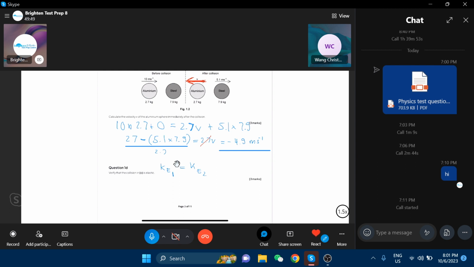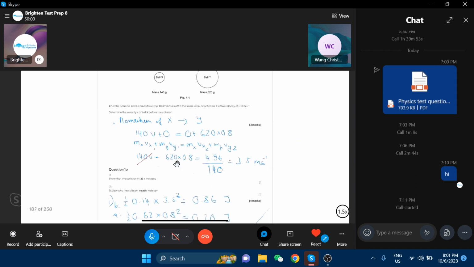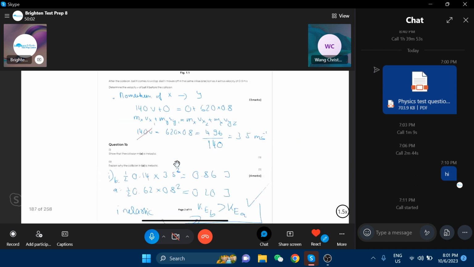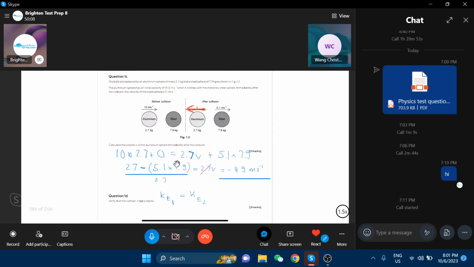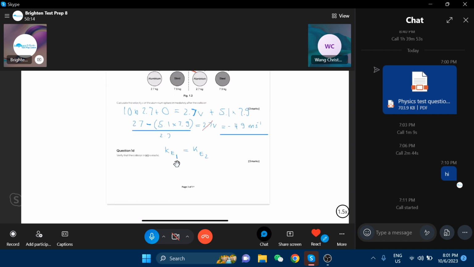But if it says verify that it's elastic, that really means in 99% of the cases, it's elastic, now prove it. And here it's the other way around: explain that it is inelastic, right? So that is another way to phrase it. Verify that it's elastic, explain that it is elastic, same thing. So the wording always gives us a hint.